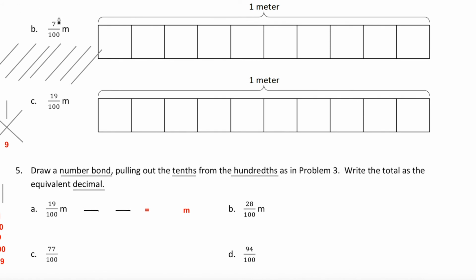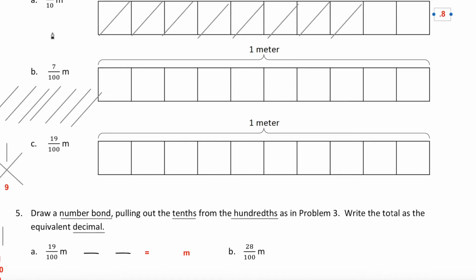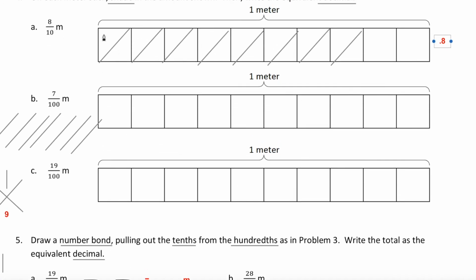7, be sure to notice the denominator, okay? So when it's tenths, you're going to shade in the whole box like this. But when it's hundredths, you're only going to shade in 7 of the 10 in the box.